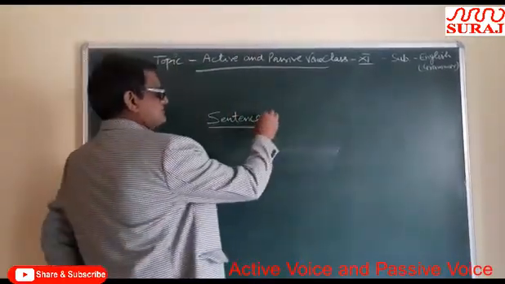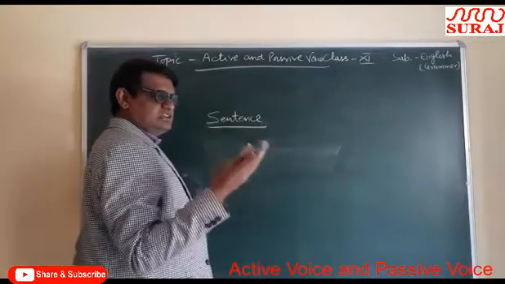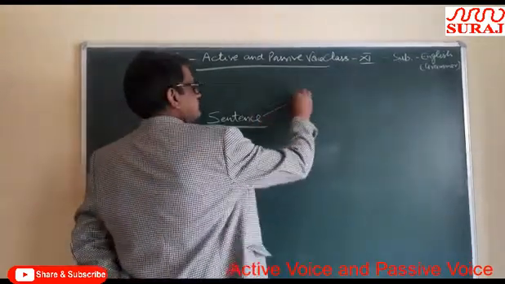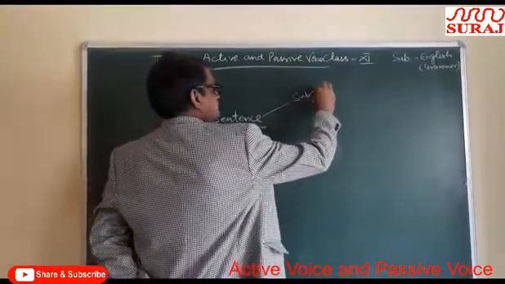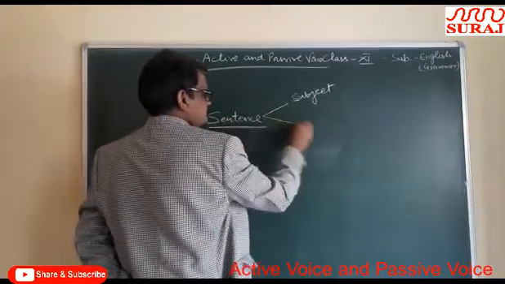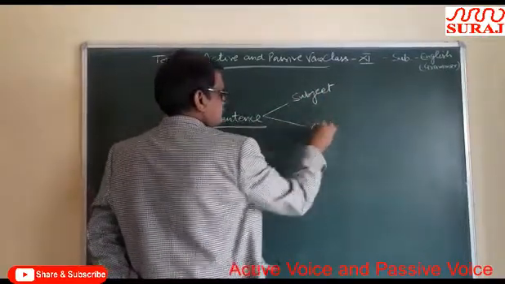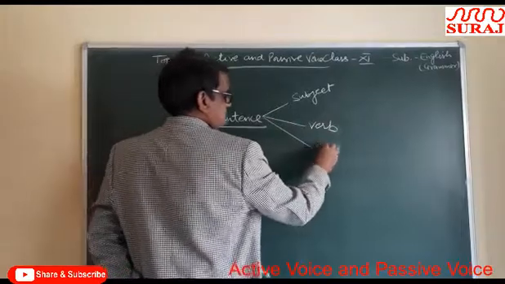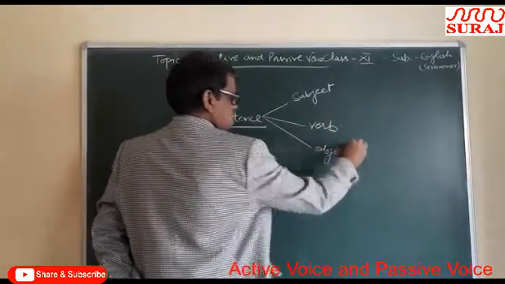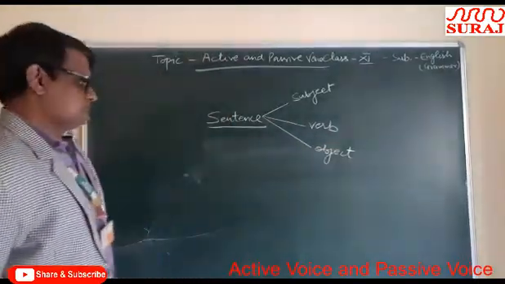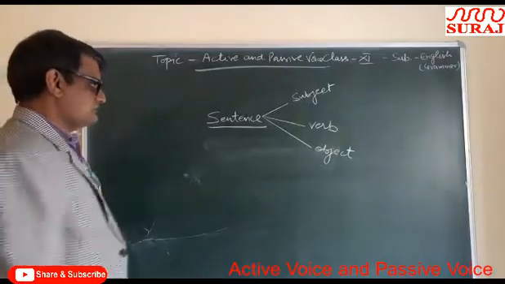And a sentence has basically three components. First is the subject, second is the verb, and the object. Subject, verb and object.